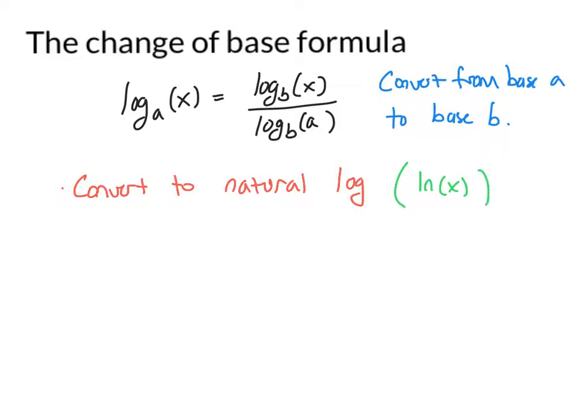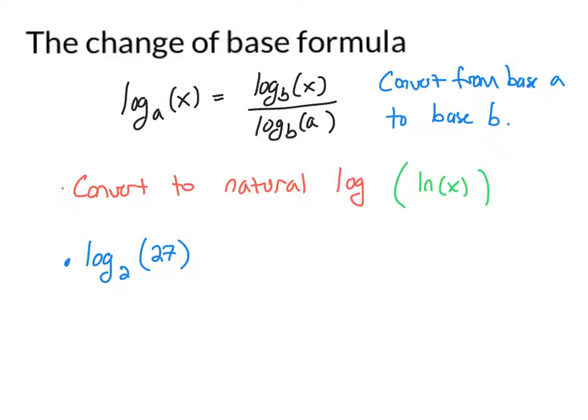So here's our question. I'm going to give us a logarithm, log base 2 of 27, and I want to convert this into natural log. So right now I have a base 2, so I'm over here, and this is my a.